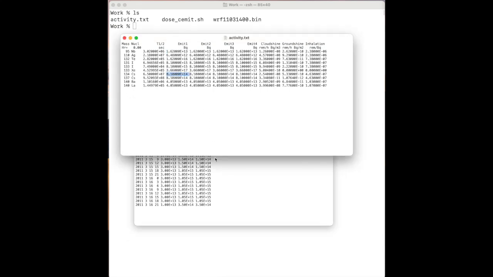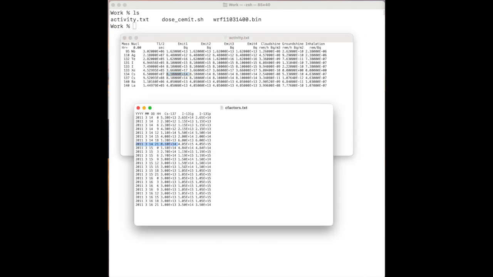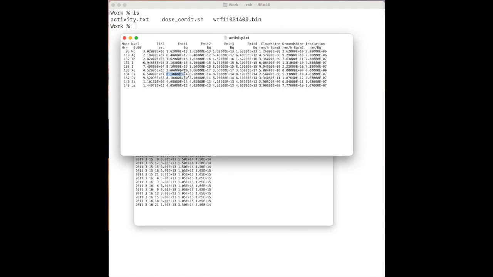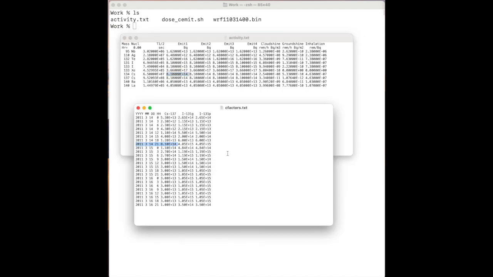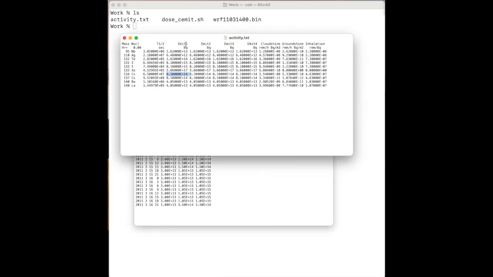One can, for example, replace the emission values in activity.txt with their average values. However, due to the variability in wind direction during this period, this approach also may not be very realistic. A better example using time-varying emissions will be presented in the next section.